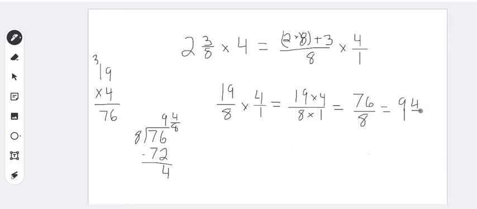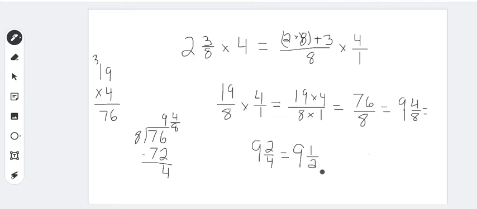which I can still reduce because, again, 4 and 8 are both even. So I can divide them both by 2. So that'd be 9 and 2/4, which again I can reduce even further because 2 and 4 are still both even. So that would be 9, and then 2 divided by 2 is 1, and 4 divided by 2 is 2.